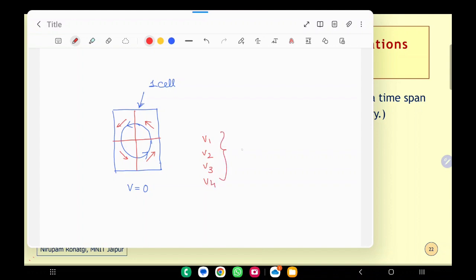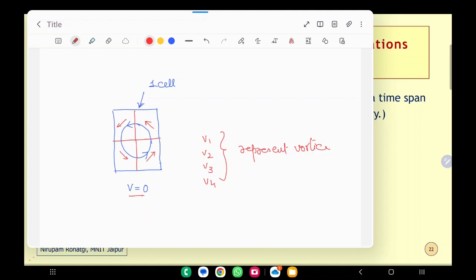They together represent the vortex. So instead of having one velocity, which is saying it is 0, now you have 4 velocities. So the solution available to you is you divide the cell in smaller parts.